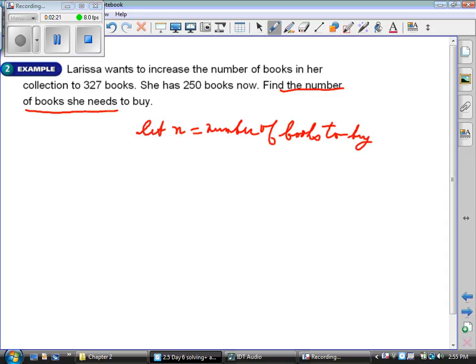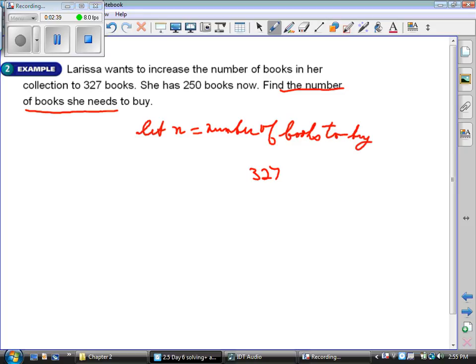Okay, so what you need to do here is to set up an equation that can be used to solve for n, the number of books she needs to buy. She wants to end up with 327, so let's make that the right side, what I want to end up with.